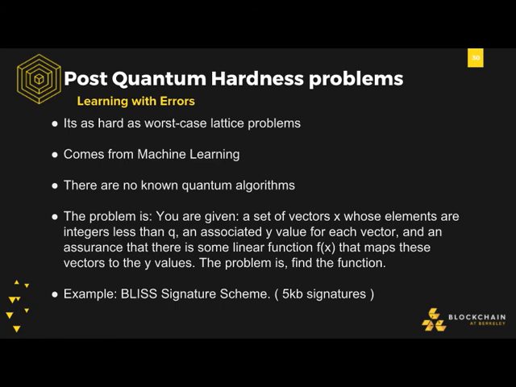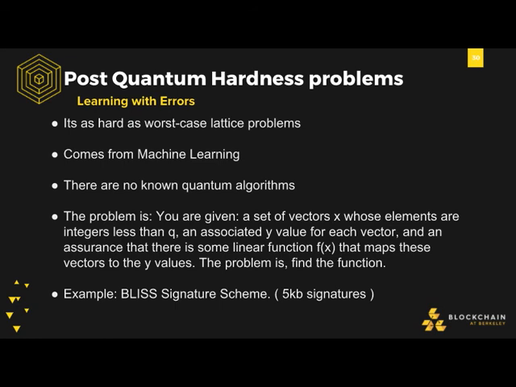The problem you're given is, if you have a set of inputs, and the set of inputs can be arbitrarily big, for any vector, you can have a vector of like 10 inputs and then 1 output, and you're sure that there is some function that maps all those inputs to the output. This function is linear, but it has a noise model. So there are errors, which is learning with errors, but you get to know the noise model.